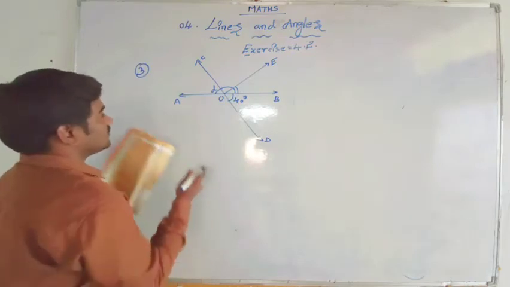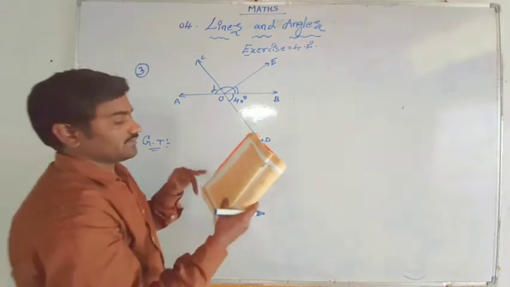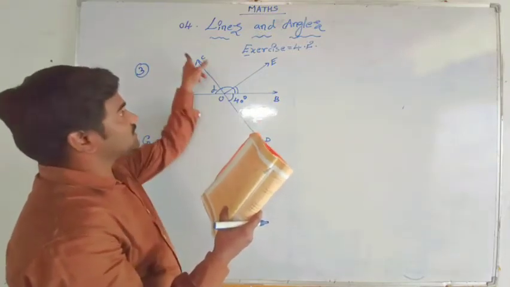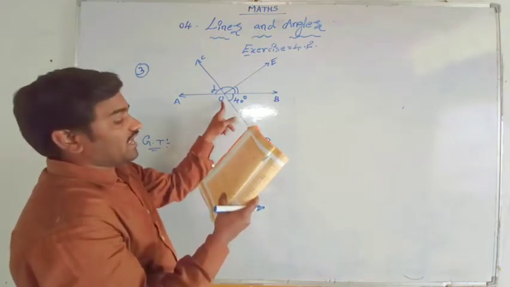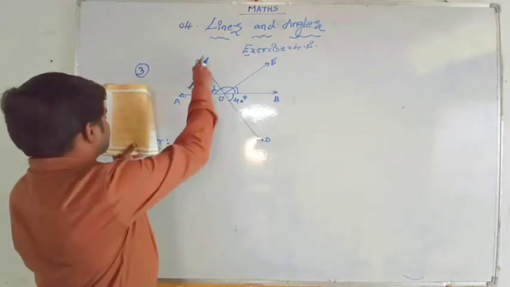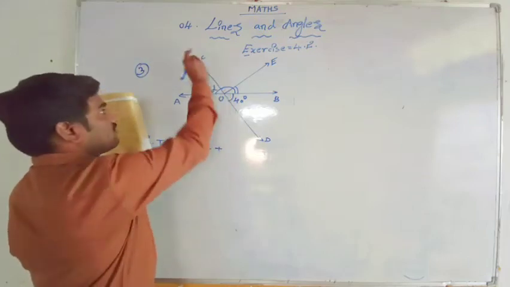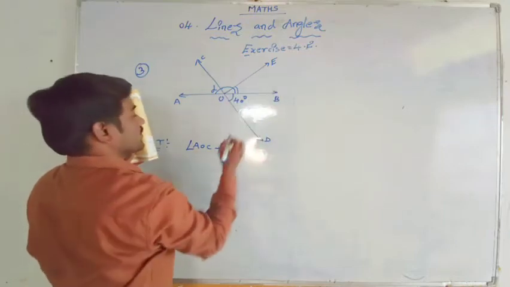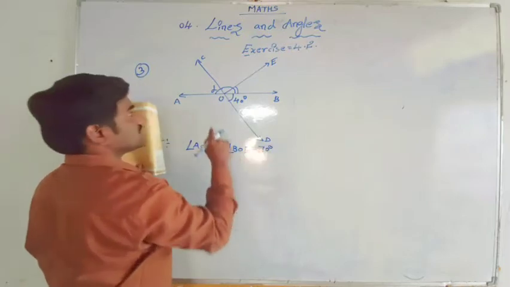So what is given actually? Let me read the question. In the given figure, AB and CD are intersecting at O, and angle AOC plus angle BOE is equal to 70 degrees.